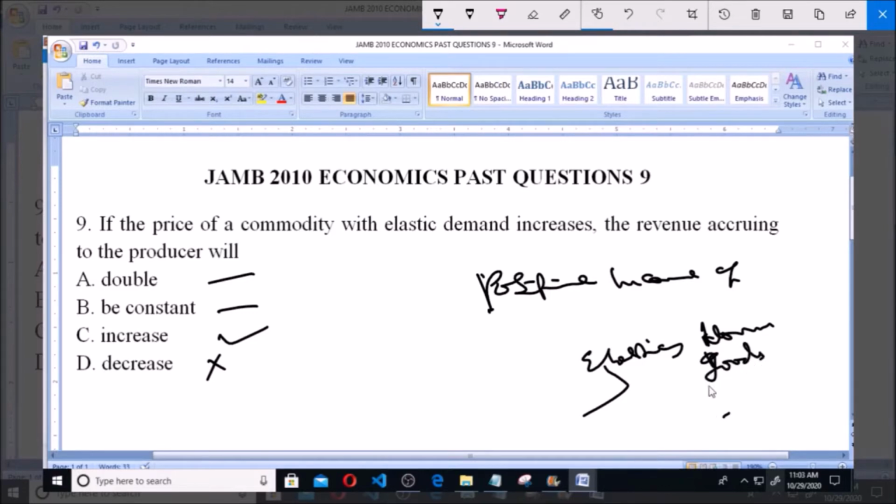Positive income elasticity of demand is the type in which an increase in income of consumers will positively lead to an increase in the quantity demanded. So the correct option is option C, increase.